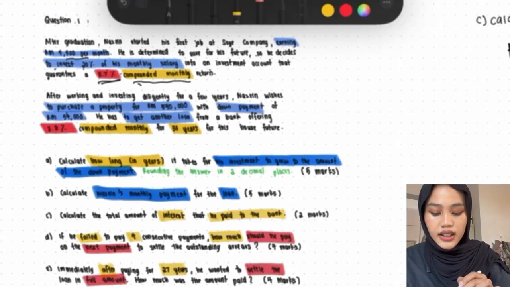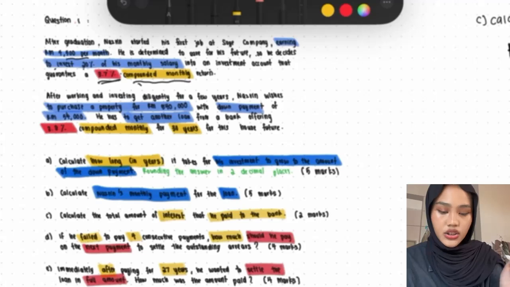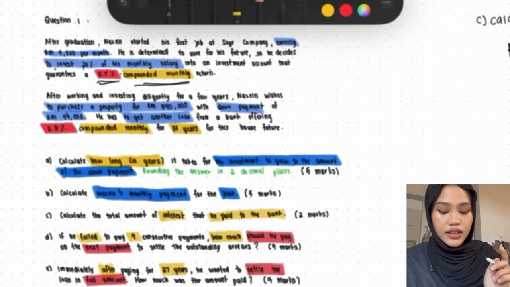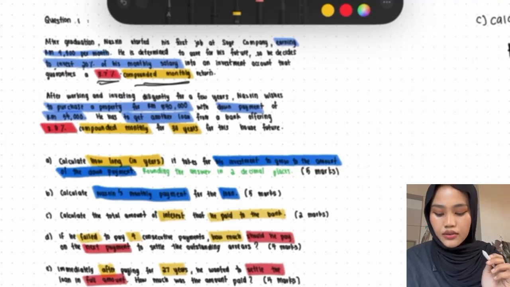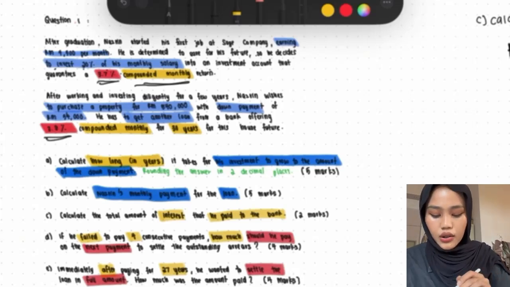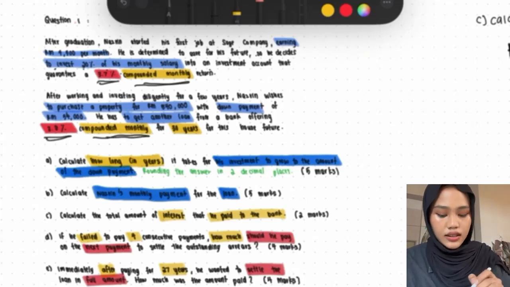After working and investing diligently for a few years, Nazreen wishes to purchase a property for RM 540,000 with a down payment of RM 54,000. He has to get another loan from a bank offering 3.8% compounded monthly for 30 years.